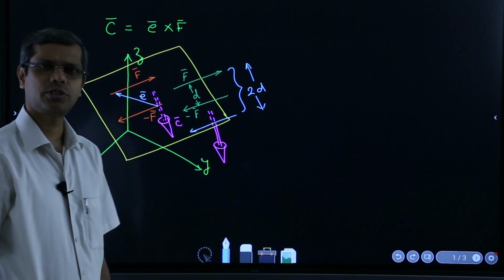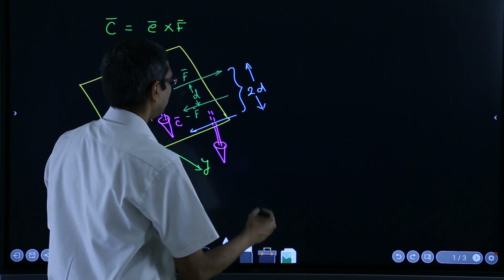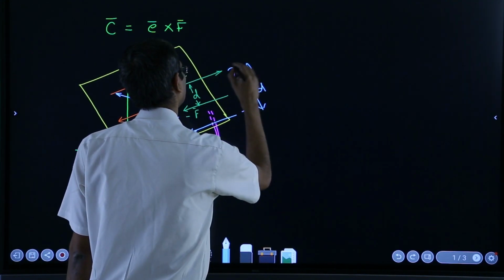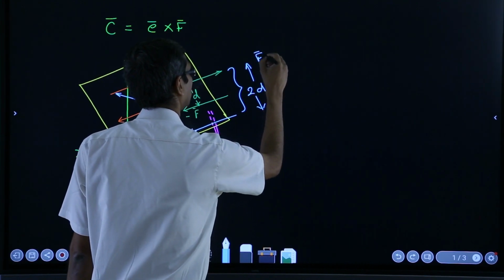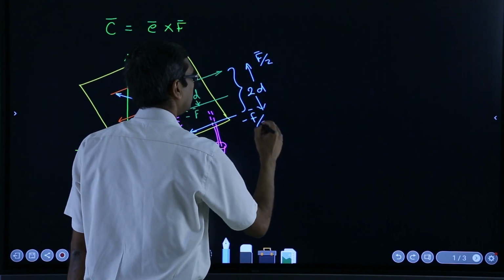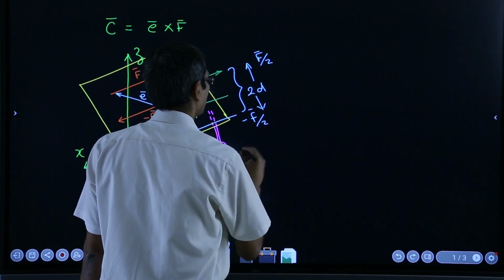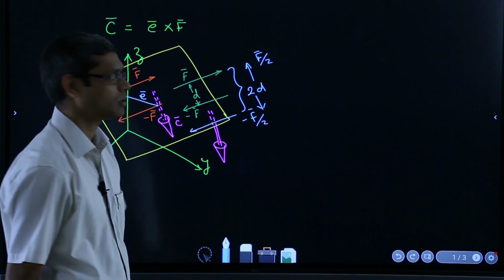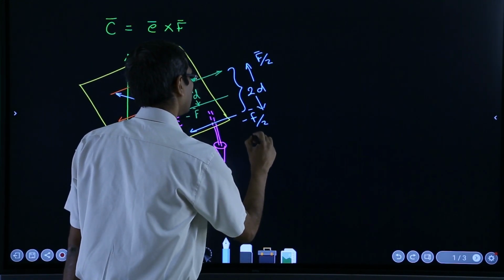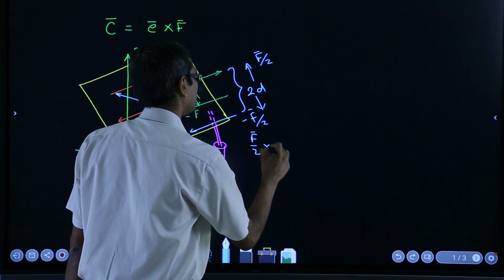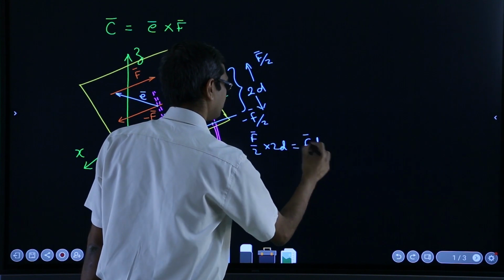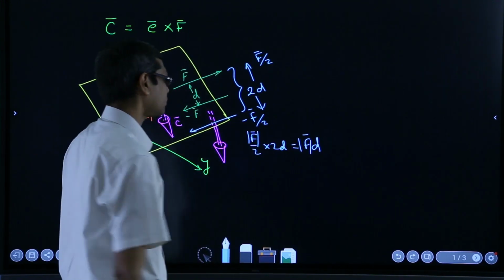Then I just need to change the value of F to F over 2, so here the forces become F over 2 and minus F over 2, and then the magnitude and the direction will remain exactly the same. F over 2 times 2d will give us just Fd.